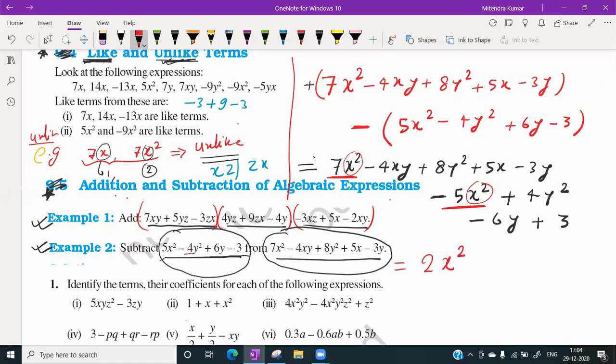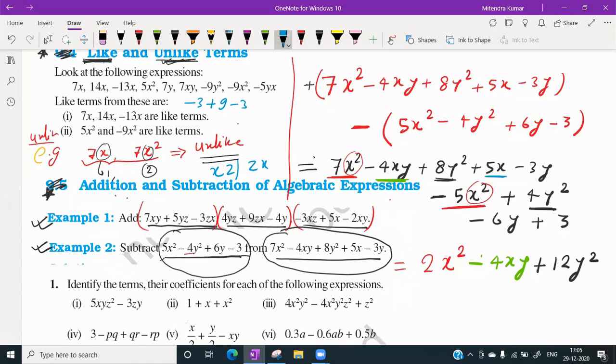Simple. फिर से इसके like terms ढूंढते हैं. 4xy, नहीं, we don't have xy, I will write xy as it is, so no change. I will check for y². So y², yes, we have y², like 8y² plus 4y², total कितना? 12y².